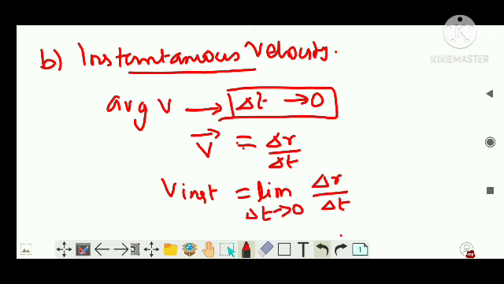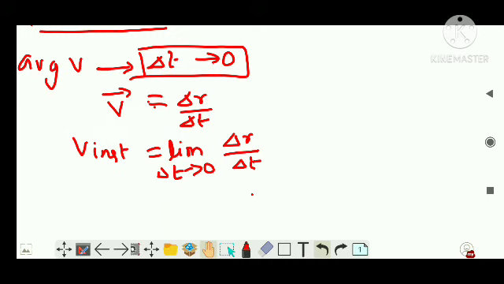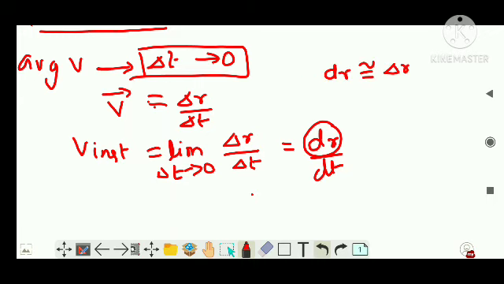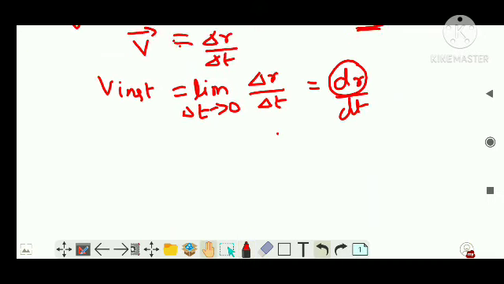As per the definition, this is mathematically expressed as differentiation, dr by dt, that much small. Some people say dr is equivalent to delta r, but it is not. dr is much less than delta r. Keep that in mind. So the instantaneous velocity equation is dr by dt.